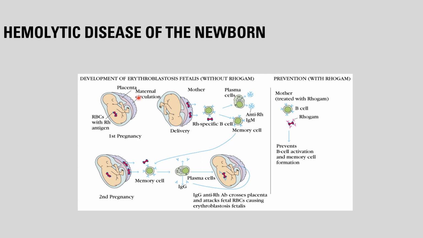So usually, for the first pregnancy, this type of immune response does not happen because it will take time for the mother to develop antibodies against that specific antigen. However, when the mother do have a second pregnancy, when they will detect the same type of antigen in the fetus, now it will elicit a strong immune response and might injure and kill the fetal tissue.